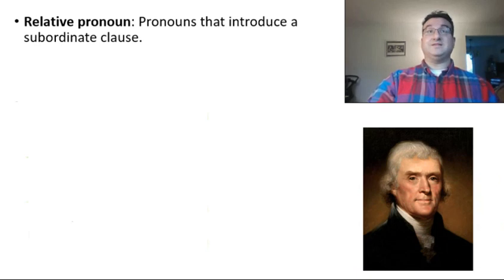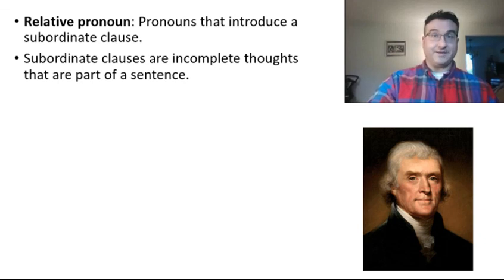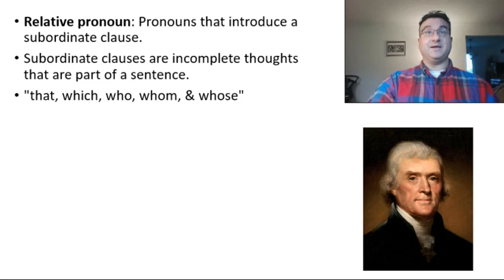Next, we have relative pronouns. Relative pronouns introduce a subordinate clause. Now you're going to ask, what's a subordinate clause? That is an incomplete thought that's a part of a sentence. Clauses will get their own topic later. Seeing an example might help. For the relative pronouns, we have that, which, who, whom, and whose.